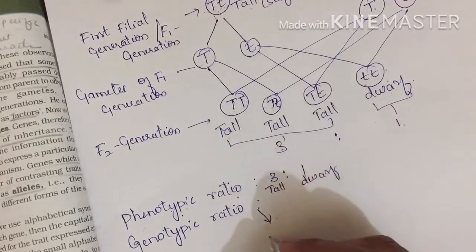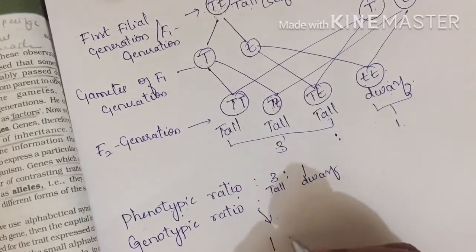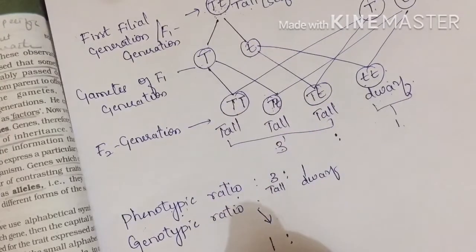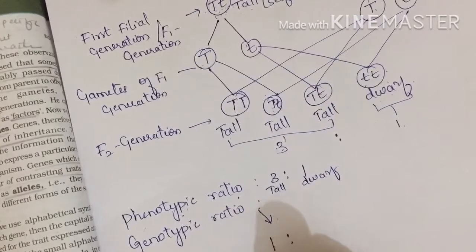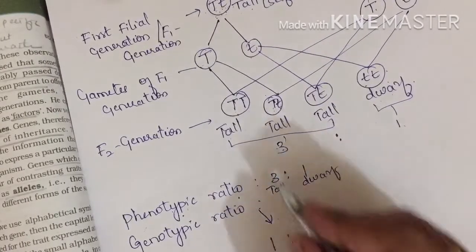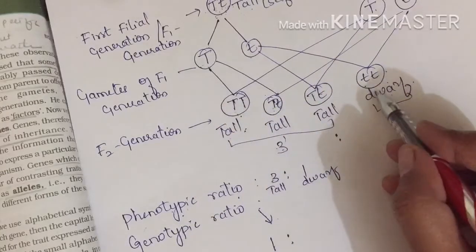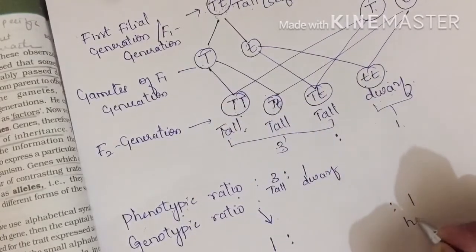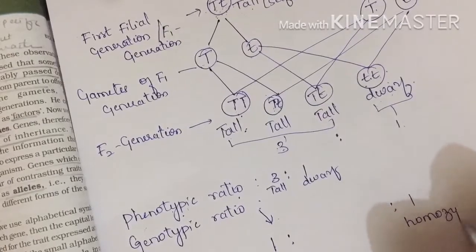We have only 1. Then we have 1 capital T, capital T. It is homozygous tall. 1 we have homozygous tall, and 1 we have homozygous what?